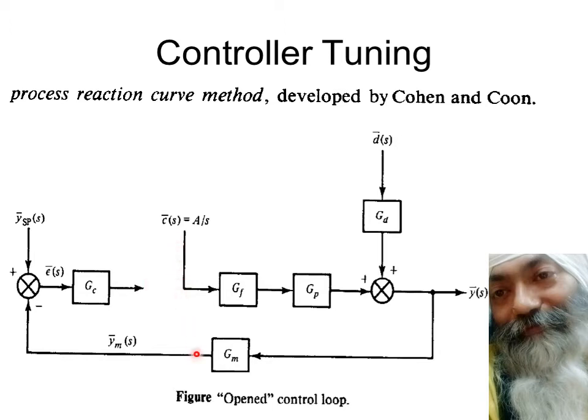In case the loop goes out of control, it can be a very dangerous or tricky situation. In spite of this limitation of the process loop being opened, how it is overcome by another control method, we will see. Let us first understand how the Cohen and Coon method actually works.